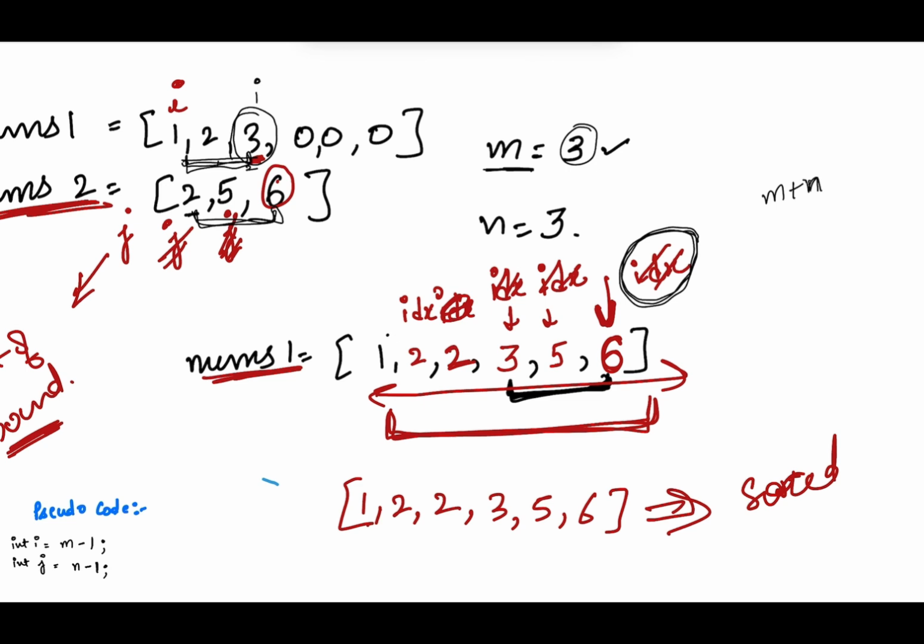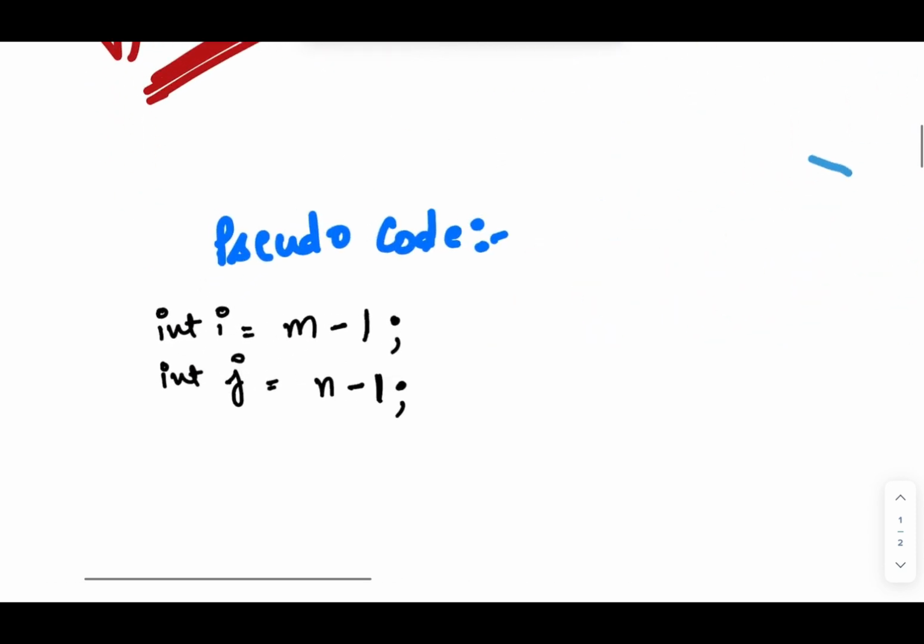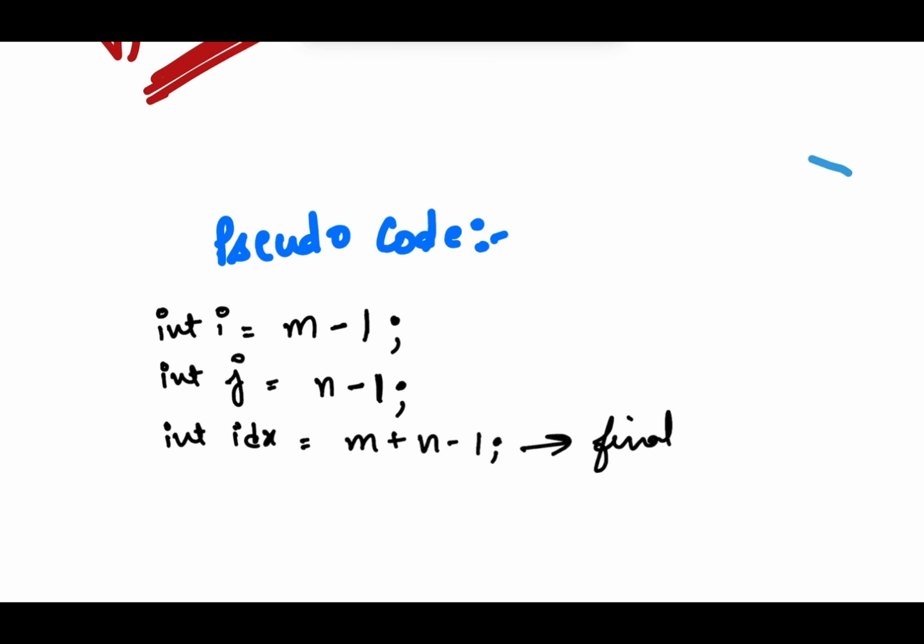This will be the total length of this nums1, and because of 0 based indexing it will be minus 1, and idx will be here. So our idx will be at m plus n minus 1 of the final array, which is none other than nums1.